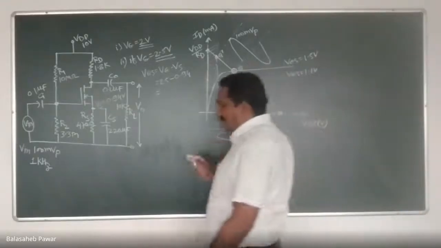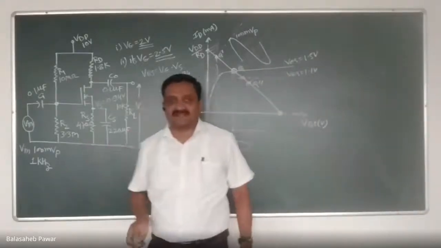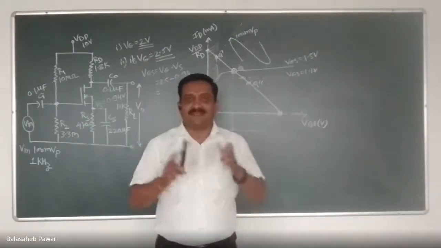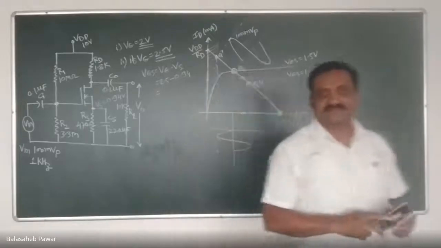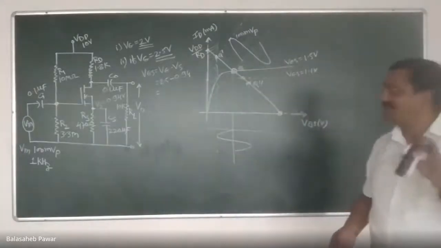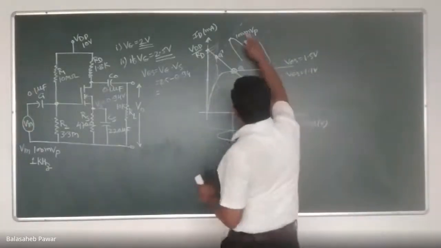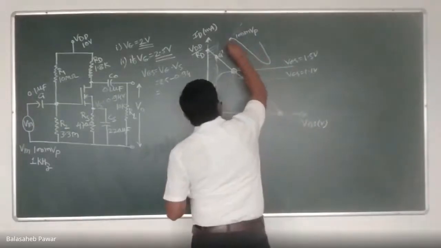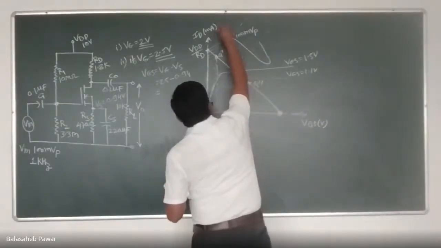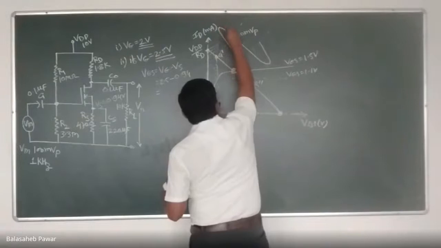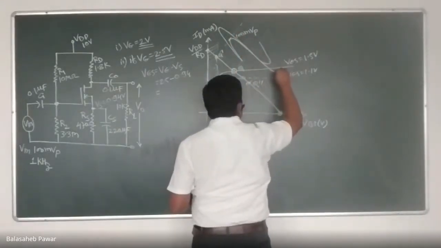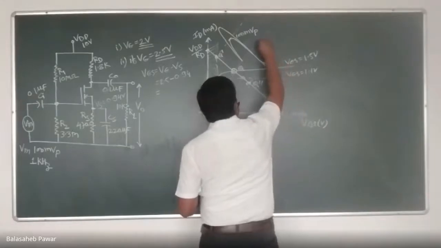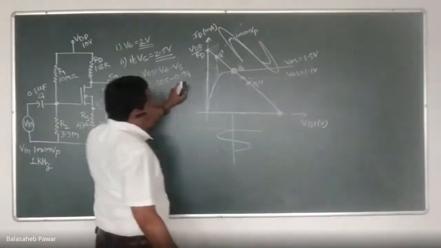Now, same as our previous discussion, instead of 100 milli, try to apply a 300 millivolt peak signal. Right? 300 millivolt means somewhat greater than this one. That means I will apply that 300 millivolt signal like this. Okay. Now see what will happen.